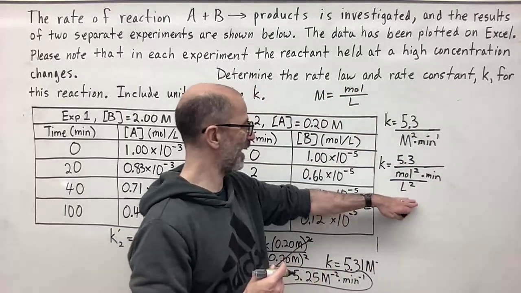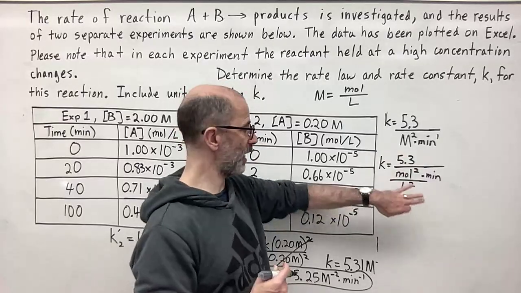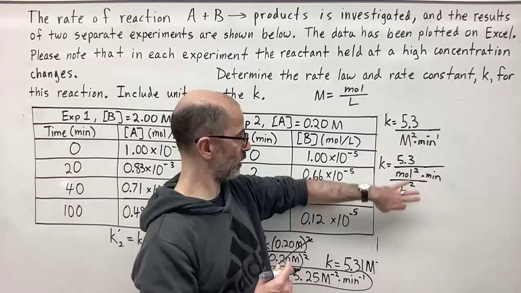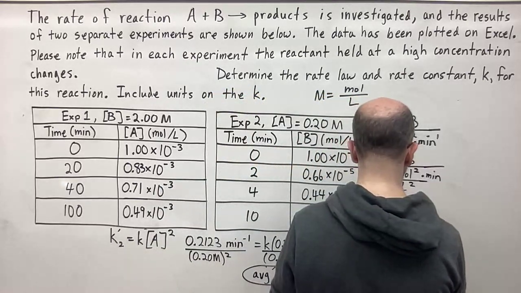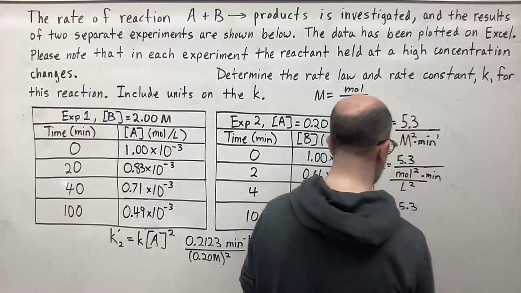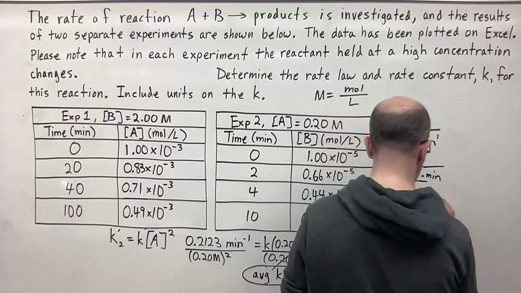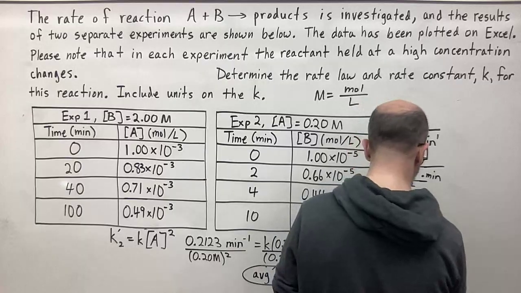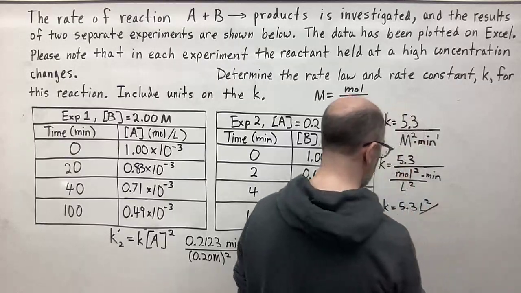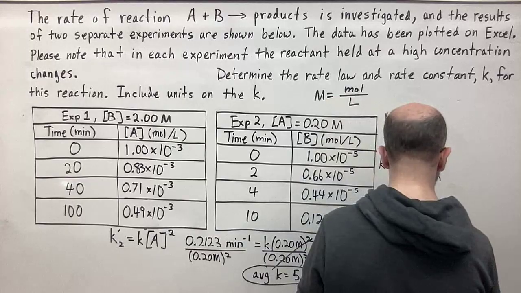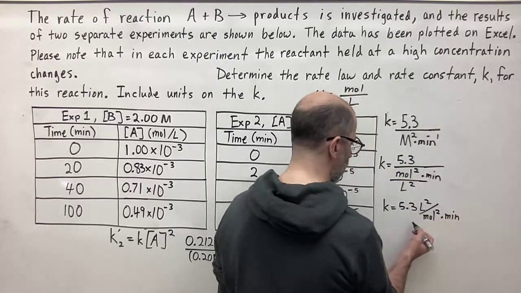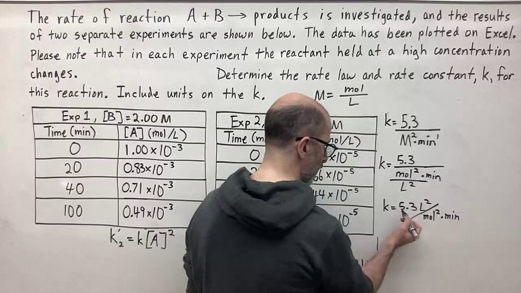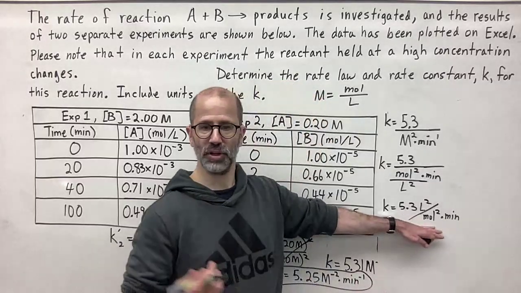And if you wanted to bring this back to the top, you would have to take the reciprocal of it and flip it, right? So then K value would be equal to 5.3, and then liters would be on the top, so it would be liters squared over moles squared times minutes. So moles squared minutes would be on the bottom. This would be on top. So that would be the units of your K value.